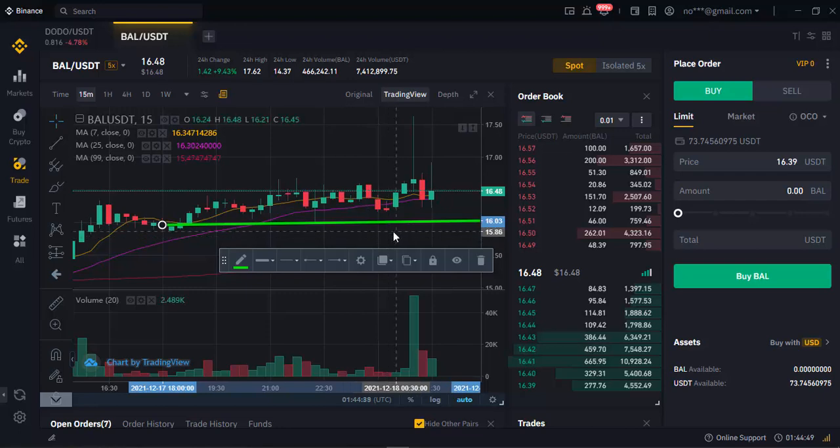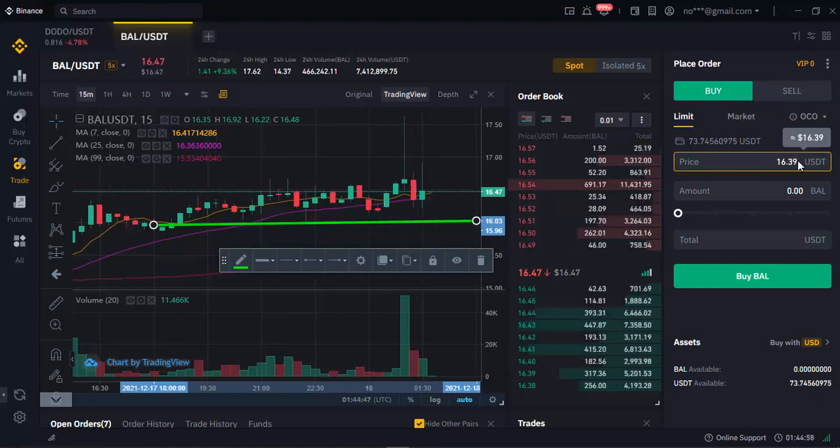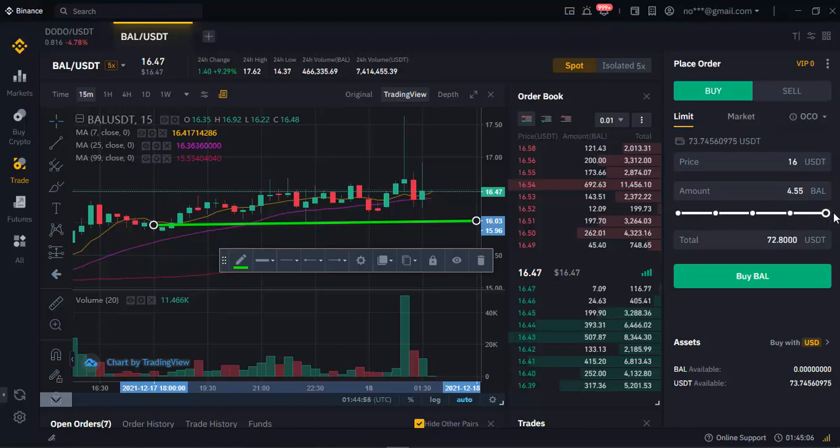If it comes back to $16, let it buy. So what we're going to do is click here and remove this 0.39, and then we wait for the price to come back all the way to $16 before it will buy. So when we have the 100% here, increase it to 100% and then we click on buy bar.